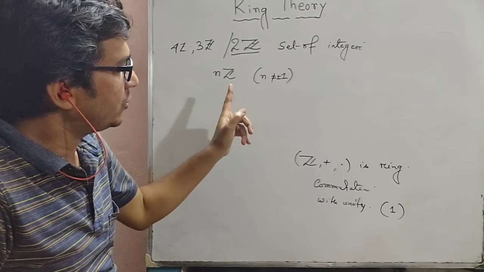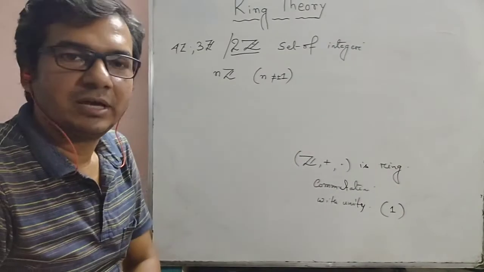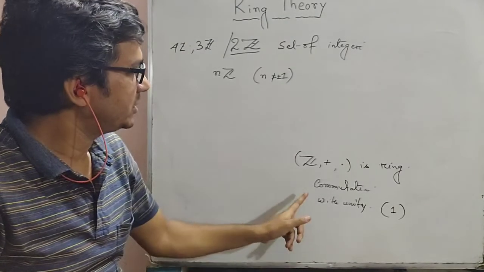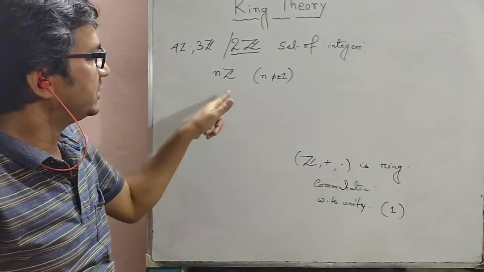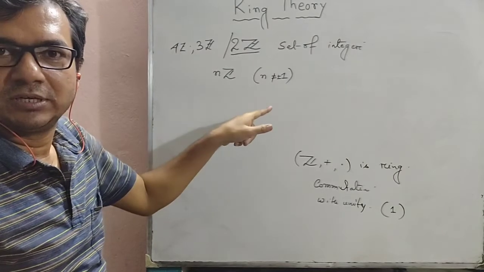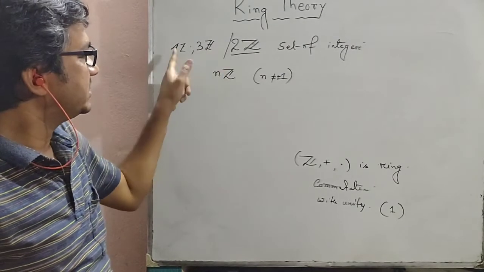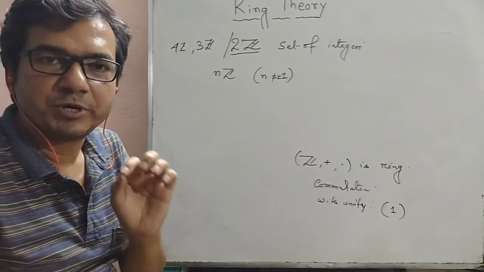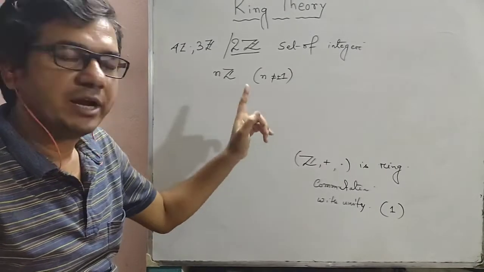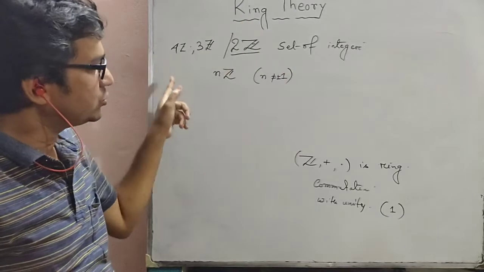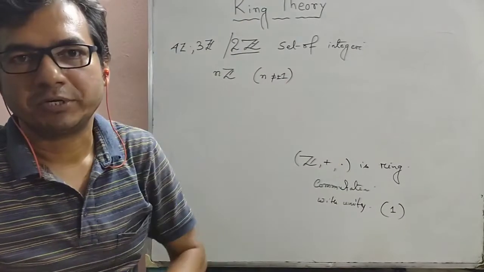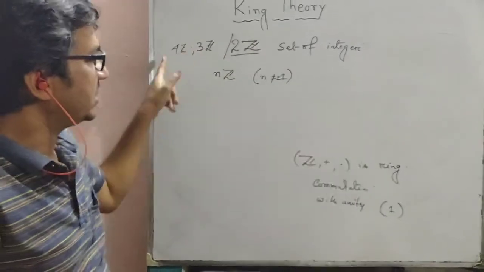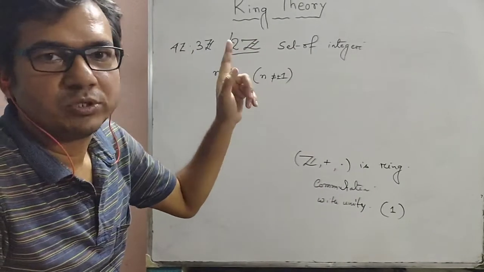These are also commutative rings, but in these rings there is no unity because these are free from 1, and with respect to multiplication 1 is the identity element. So these are commutative rings without unity, whereas Z is a commutative ring with unity.